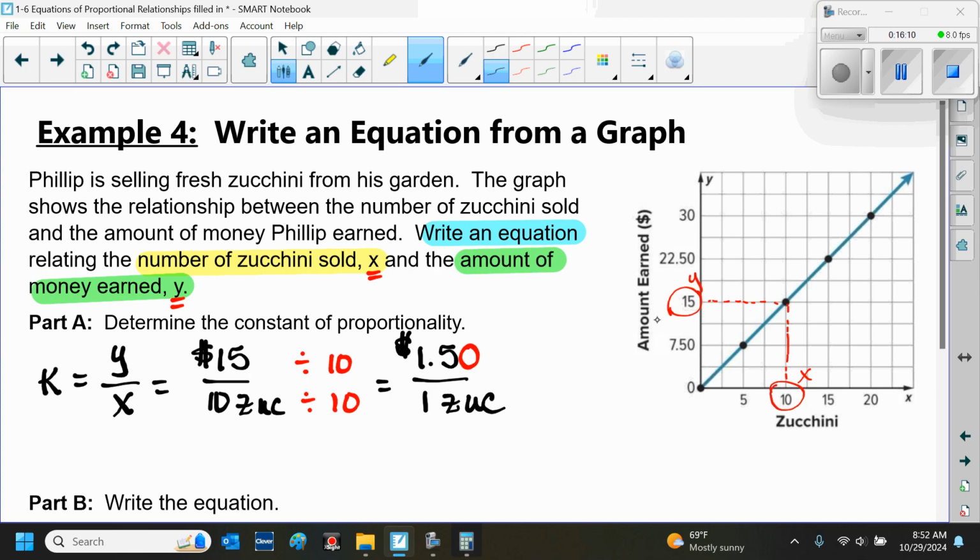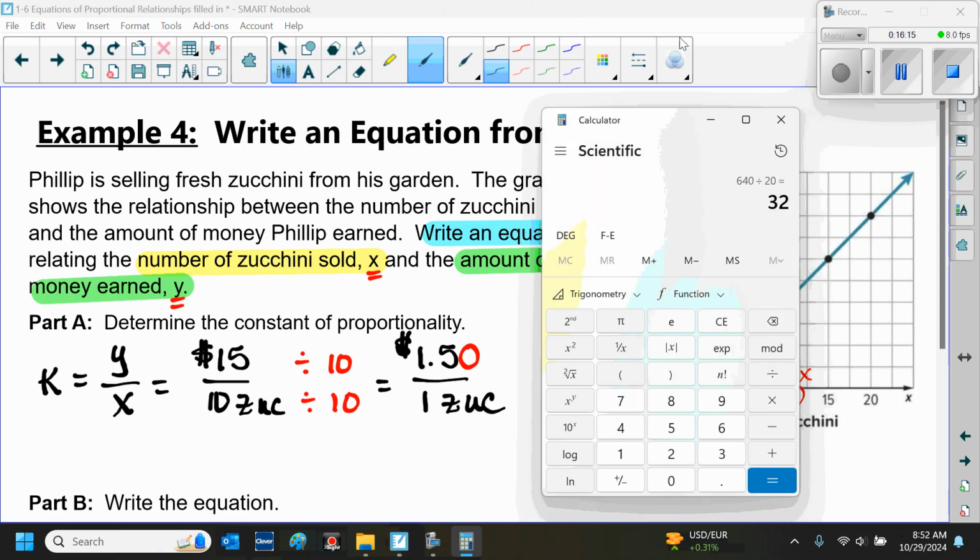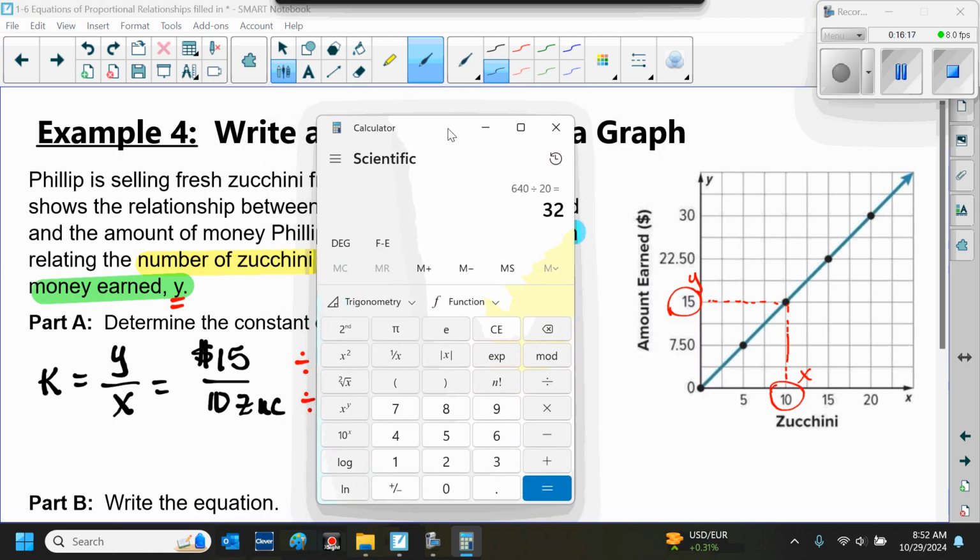And then again, if you want to check on the calculator, if you check the other points, this is going to be 15 over 22.50. So 22.50 divided by 15 gives me $1.50.